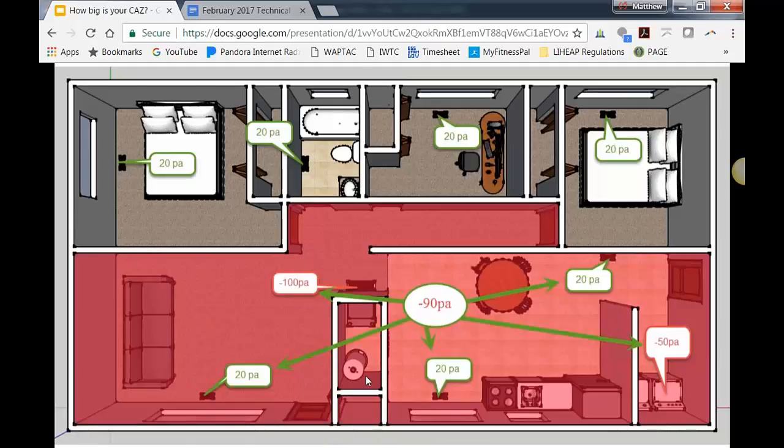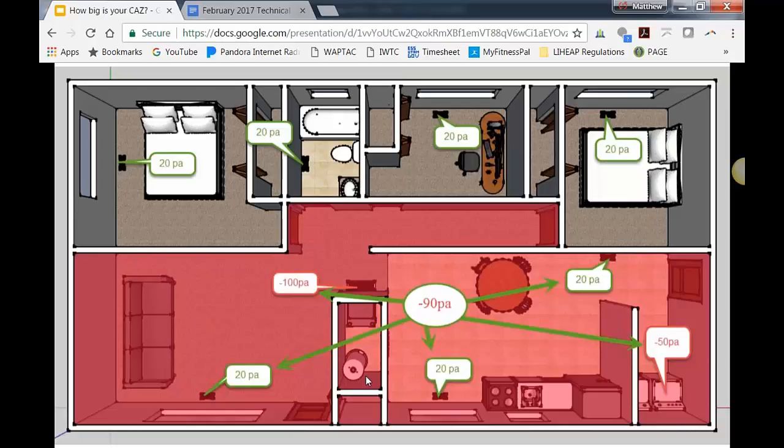What else could affect the pressure of our CAZ in our picture here? Kitchen fan? Is there a kitchen fan? And that's, in this scenario, there's no fans in the house. So there's no bath fan, no kitchen fan. So I would say we probably covered it.